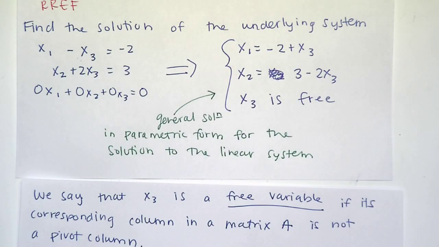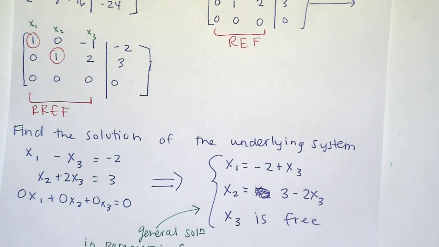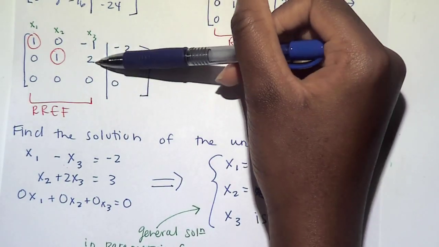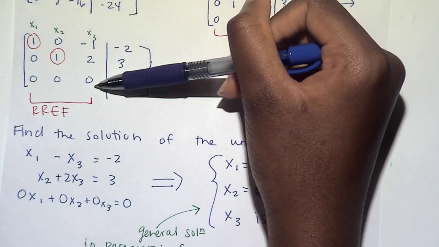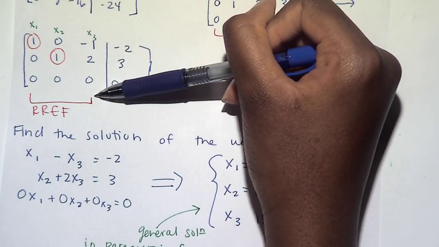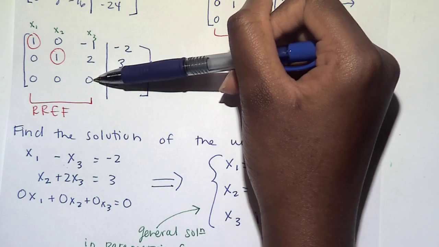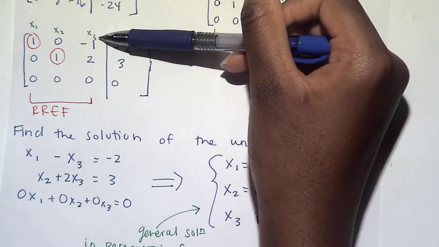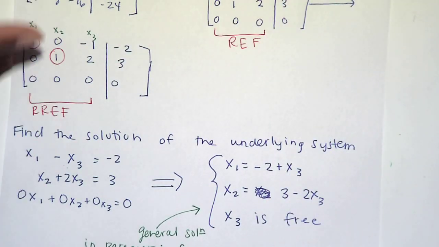Okay, so this x3 here, once we row reduced it, x3, third column, we don't have a pivot row. There's no pivot position here, so that means that x3 is going to be a free variable.